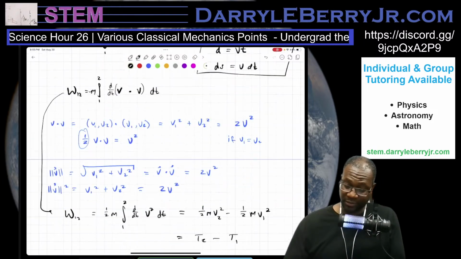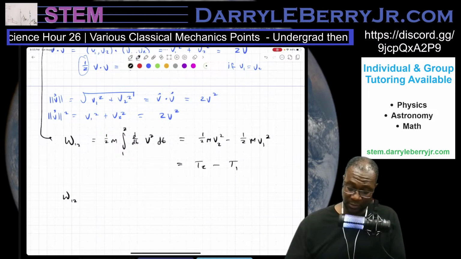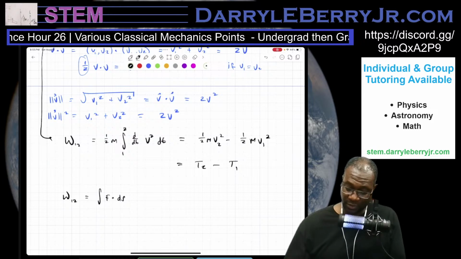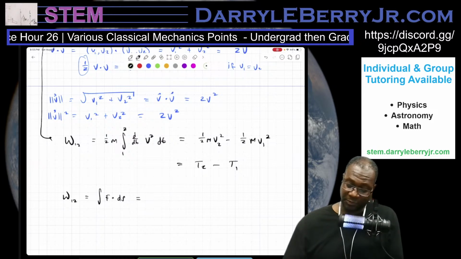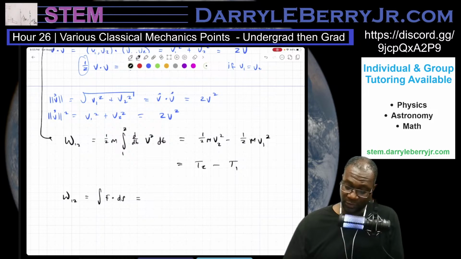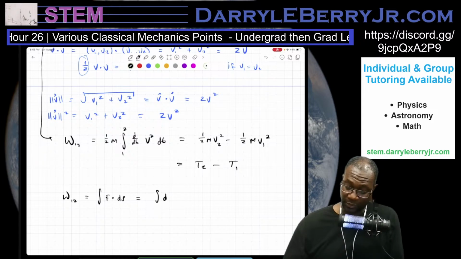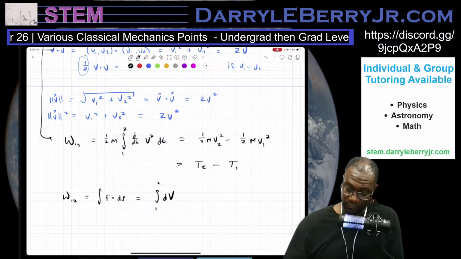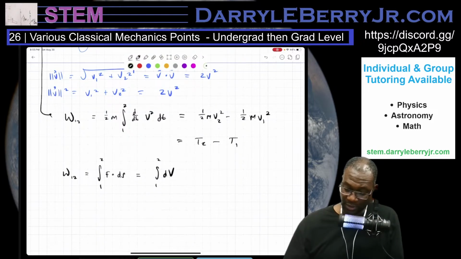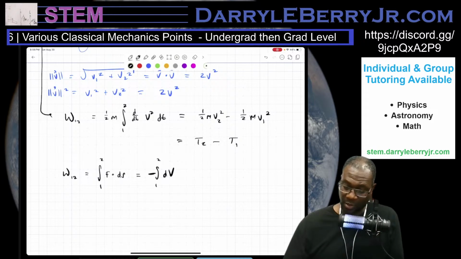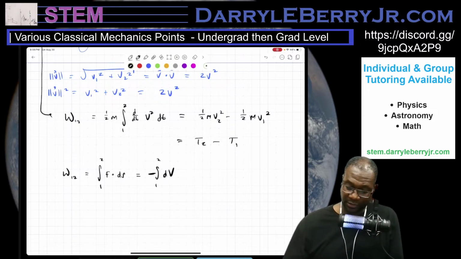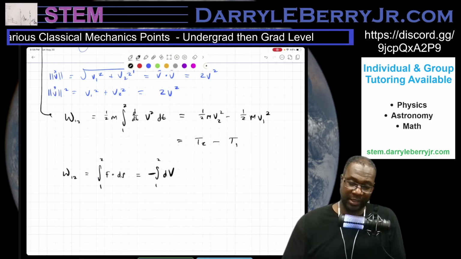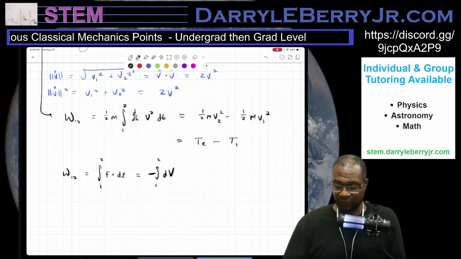So work equals the integral of F dot ds, and we can define the potential with a capital V as the integral of dV, and they call it negative because kinetic energy and potential energy play an inverse role.